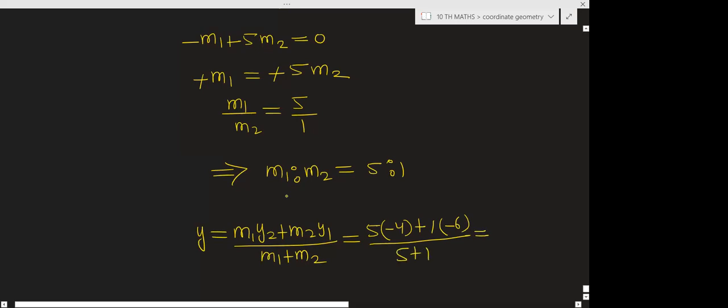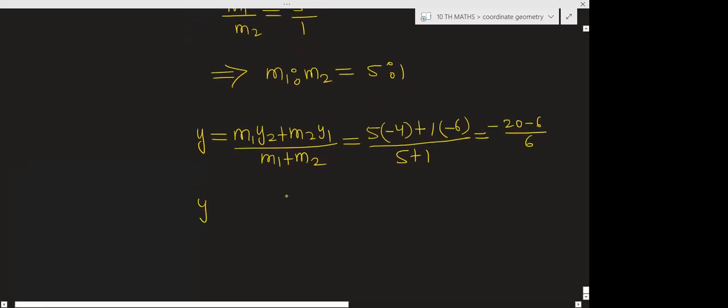So you will get the answer -20 - 6. This will become 6. So you will get y is equal to -26 divided by 6. When you further solve this, divided by 2, this will become -13 divided by 3. So the y coordinate is -13 divided by 3.